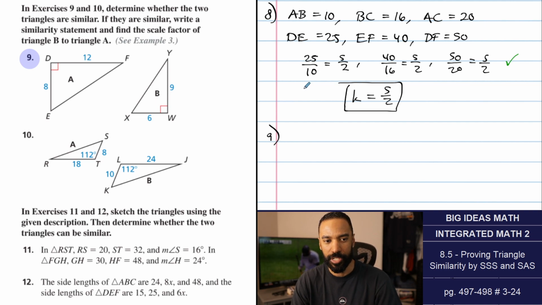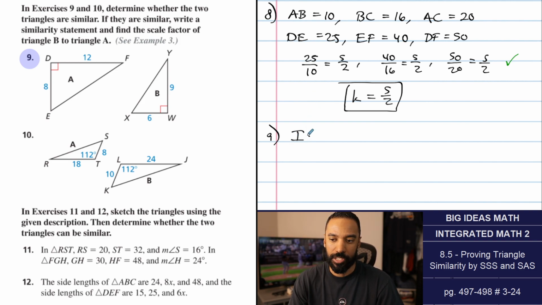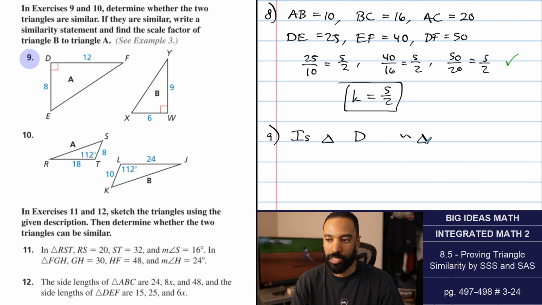They say determine whether they're similar. What I'm really trying to see is what similarity statement I'm trying to do. So I want to ask myself, is triangle, now I'm going to put the middle letter D and W. They're called A and B, but W is the middle letter here.